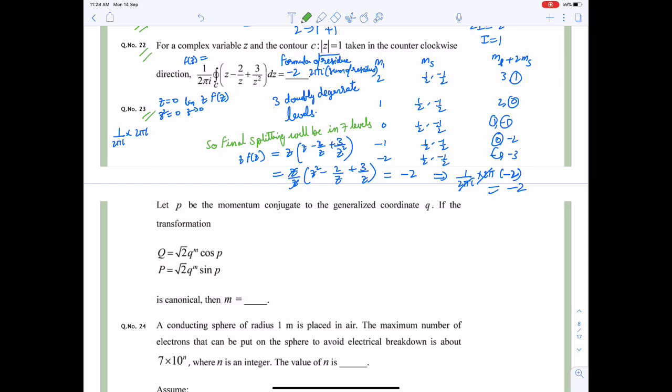Let P be the conjugate momentum of the transformation. So you have to get canonical for this sum. It is very easy.